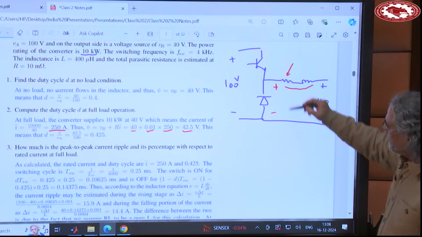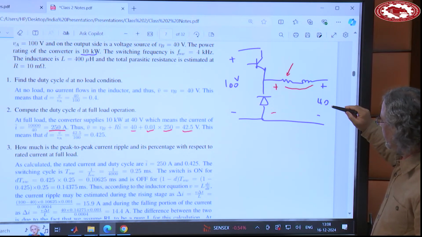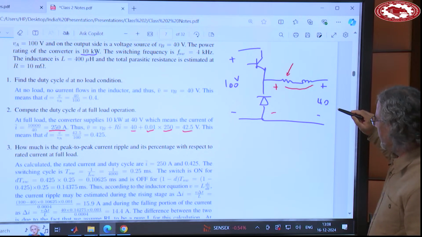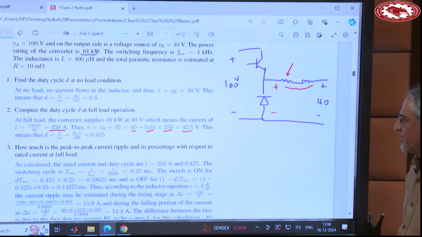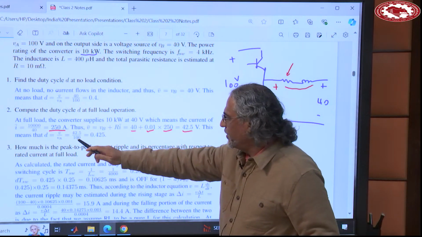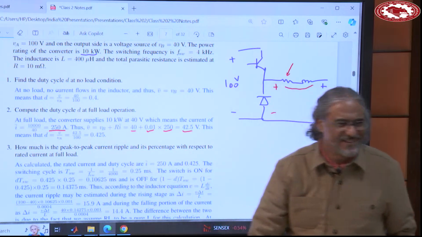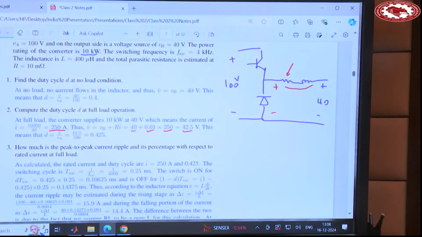So now I need to have 42.5 volt here and 40 here to transfer 10 kilowatt. So my duty cycle will be 42.5 divided by 100, which is 0.425. Okay? So the entire range of operation of the duty cycle is between 0.4 to 0.425.